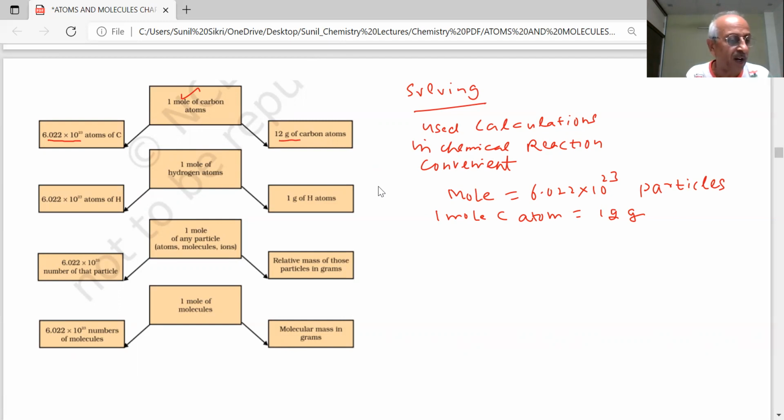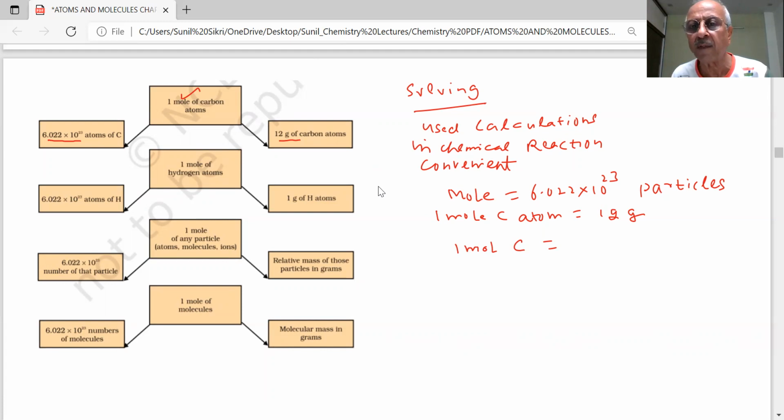I'm just saying, students, if I take 1 mole of carbon, how many grams will it weigh? Tell me. I am putting 1 mole of carbon on the table.